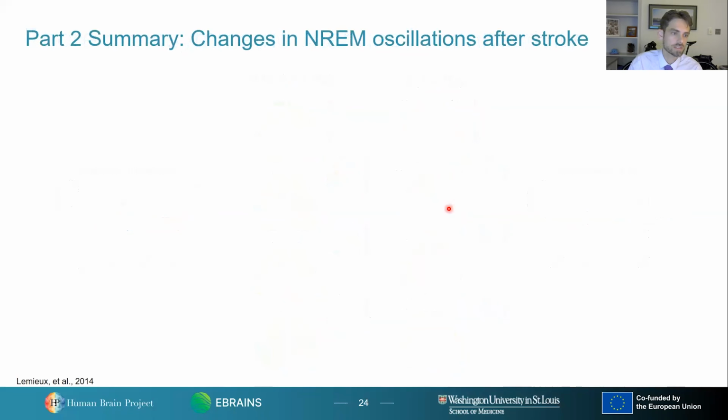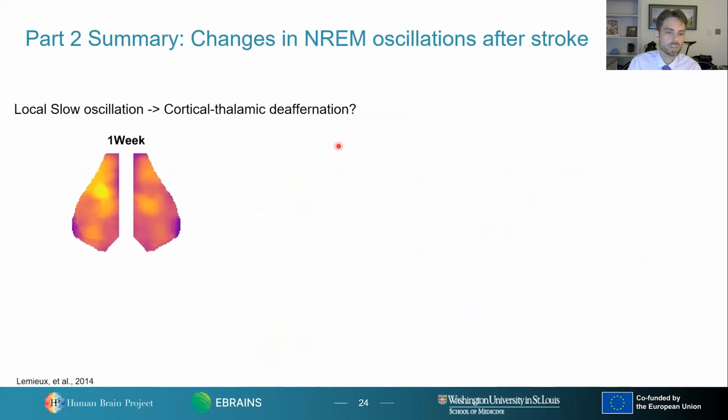So to summarize the second part of the talk, we found that there was an increase in slow oscillation frequencies in the 1 week immediately following the stroke. And we think that this is likely due to a cortical thalamic deafferentation. I point you to the work of Steriade and Lemieux, who in 2014 in J Neuroscience showed that after transecting descending cortical thalamic neurons, there was the emergence of this slow oscillation approximately 30 hours later.